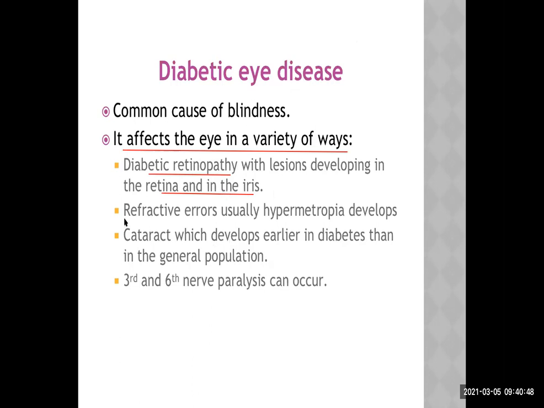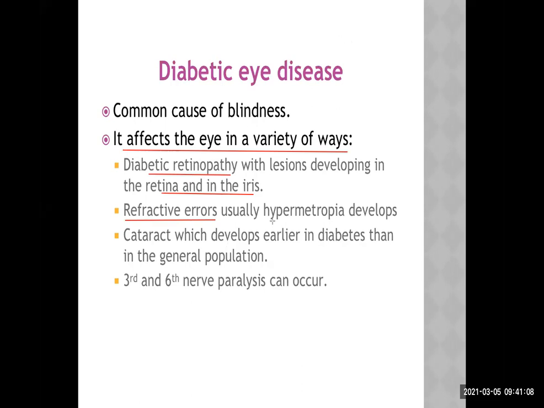The second type of problem that occurs is refractive error. Now the lens will have a problem. The reason for this is hyperglycemia. Diabetes is all about hyperglycemia, or excessive blood sugar. That is an osmotically active substance.